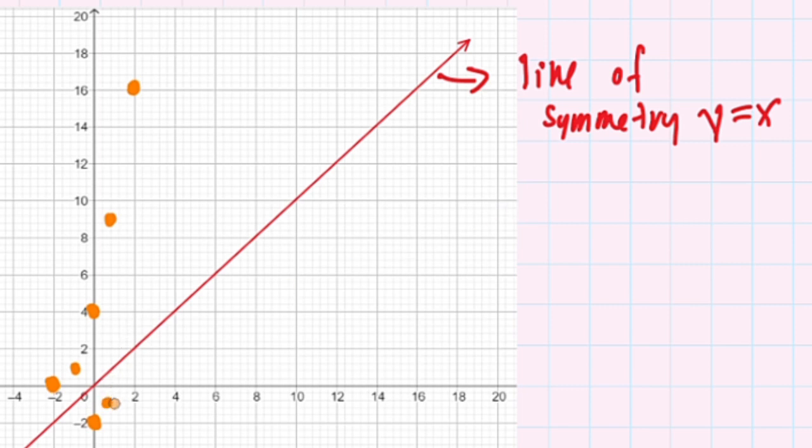Next, we have 4 and 0. And then also we have 9 and 1. Nandito siya. And also we have 16 and positive 2.